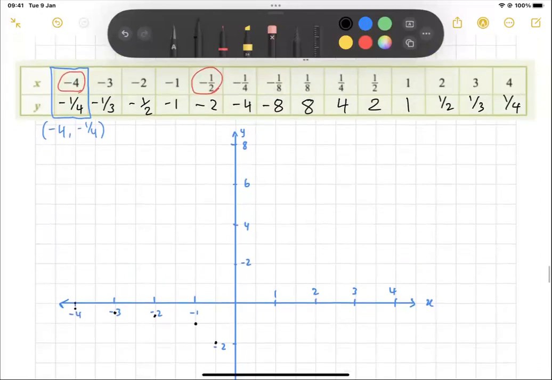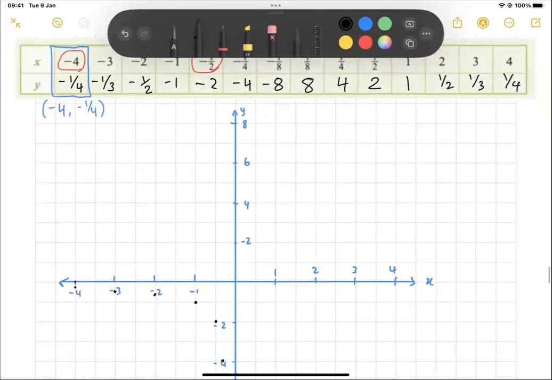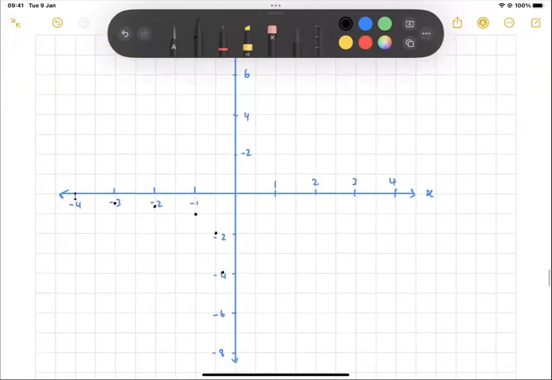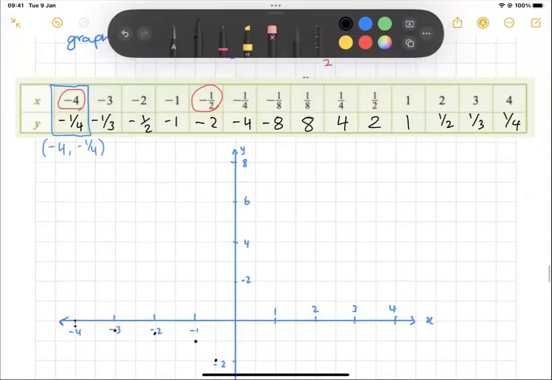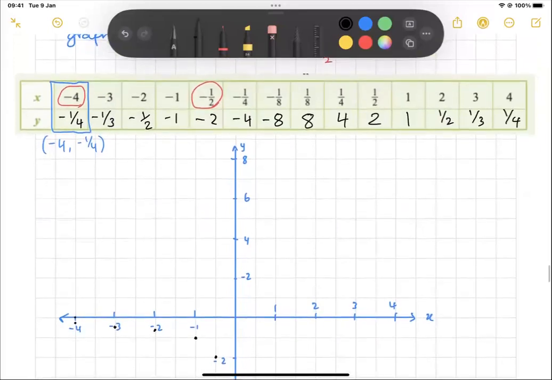Okay. -1/8 is going to be -8. So about here. Then sorry, it's not -8, +1/8 is going to have a y value of +8. So about here.